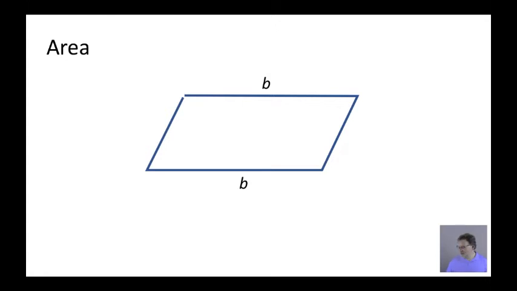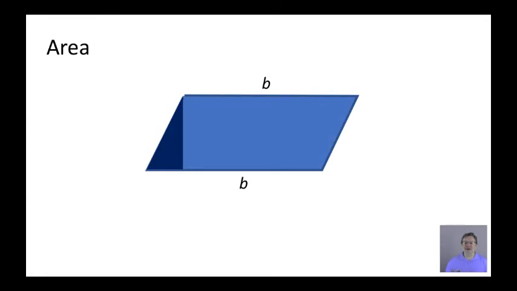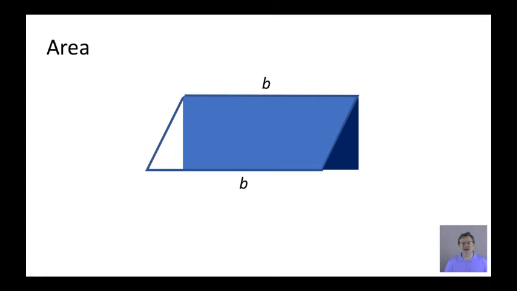I want you to visualize here that I'm cutting off a part of this parallelogram, a part that starts in the upper left-hand corner and goes downward to the opposite side, ending at a right angle. And what I do is I cut off that purple triangle to the far left, and I move that triangle to the opposite side of the parallelogram. So we've transformed this parallelogram into hopefully a more familiar shape, namely a rectangle.